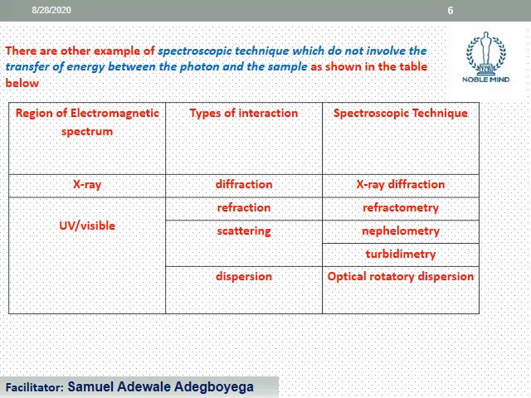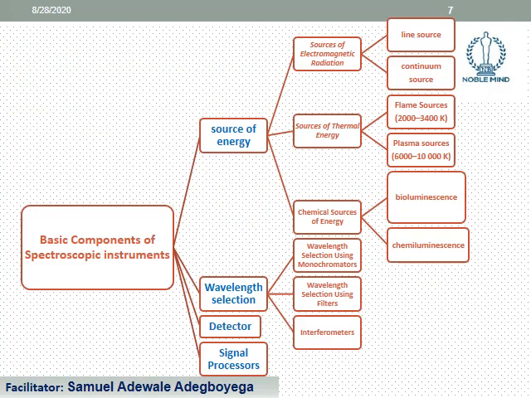So we show the region that the sample may absorb light and the type of interaction. If it is diffraction, you have X-ray diffraction spectroscopy. If it is refraction, in the UV visible region, you have refractometry, scattering nephelometry, and so on.